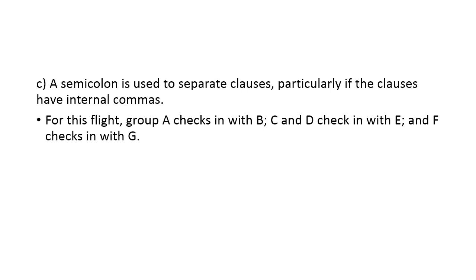So to show the separate clauses, we particularly put the semicolons. So for this flight, group A checks in with B semicolon, C and D check in with E semicolon, and F checks in with G, full stop. Clear to everyone? Next, colon.